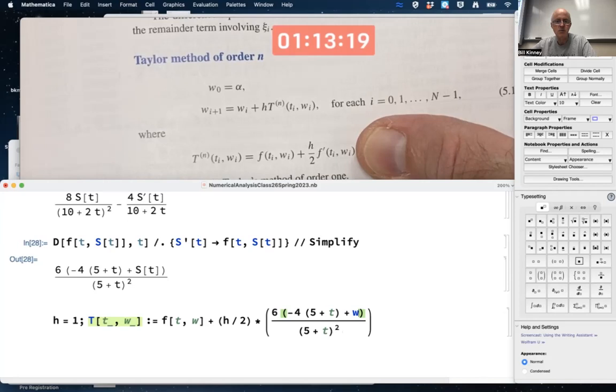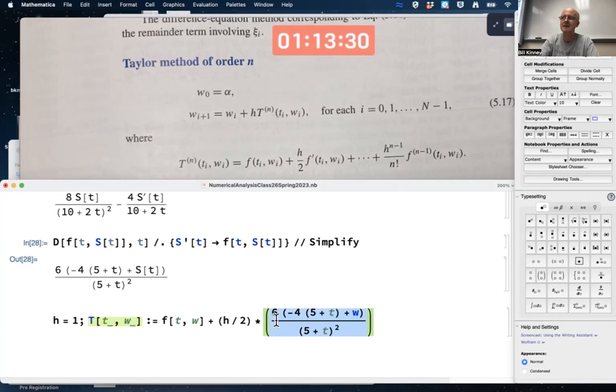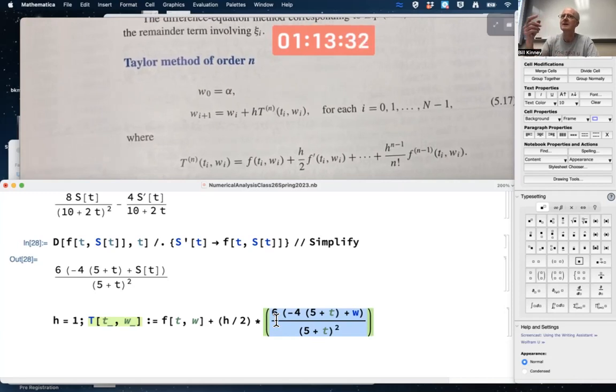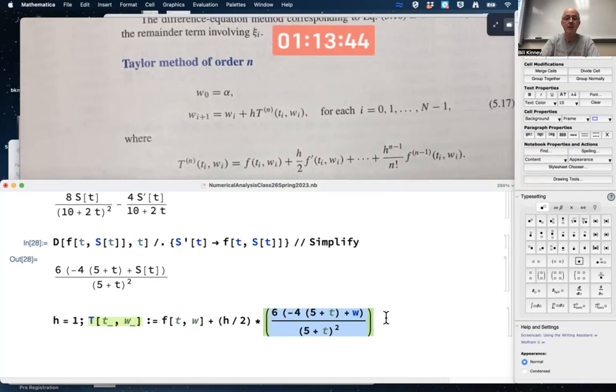So I got an F of tw plus h over 2 times this, what the book is calling f prime. But for our example, f prime of tw is this thing, because it corresponds to differentiating the original f of t s with respect to t, assuming s depends on t, using the multivariable calculus chain rule. And we did it both by hand and with Mathematica, and we got this expression.